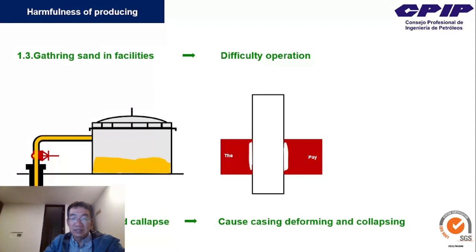The sand is produced and the formation has caves. It will make the casing collapse. So this can cause casing deformation and collapse. The well will be dead.